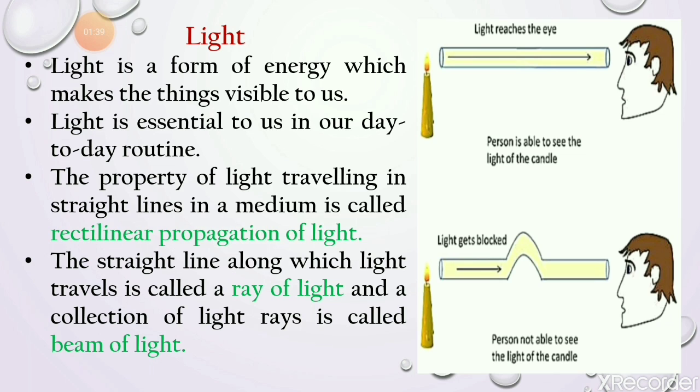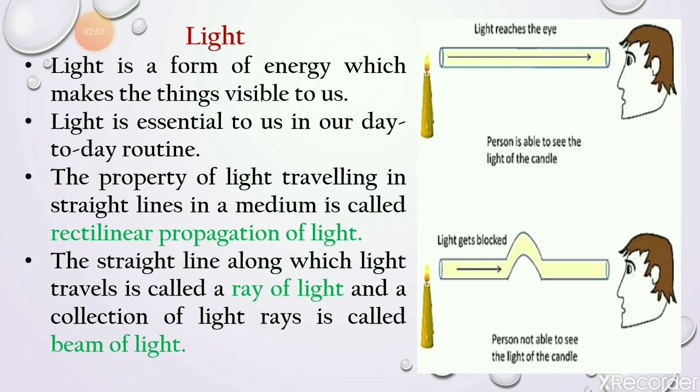In the next diagram, you can see the pipe is bent in the middle, and that is why light cannot reach the eye of the person and it gets blocked because the pipe is bent. So the person is not able to see the light of the candle.